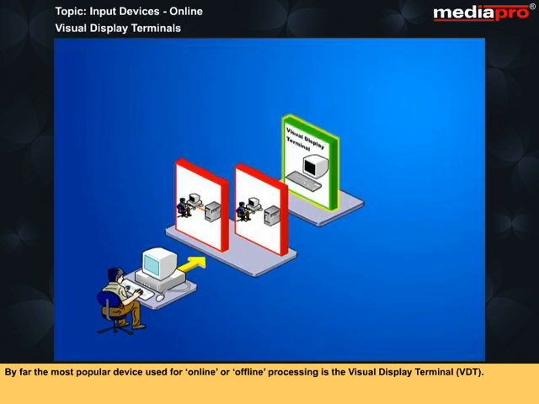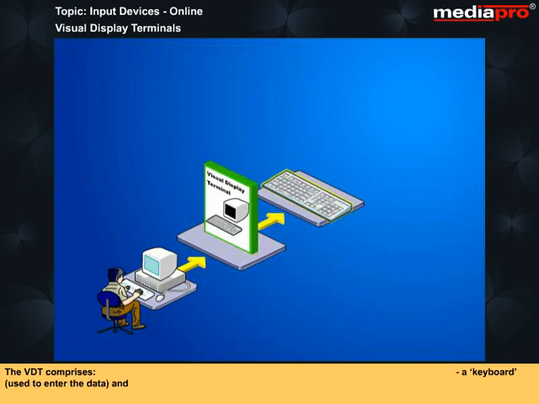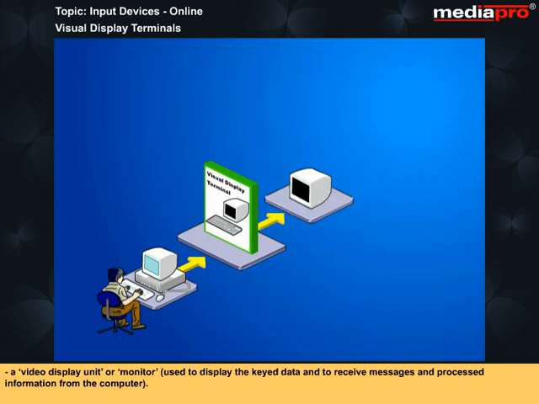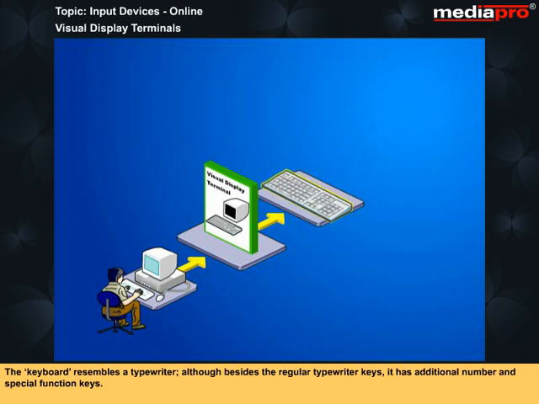By far the most popular device used for online or offline processing is the Visual Display Terminal or VDT. The VDT comprises a keyboard used to enter the data and a video display unit or monitor used to display the keyed data and to receive messages and process information from the computer. The keyboard resembles a typewriter, although besides the regular typewriter keys, it has additional number and special function keys.